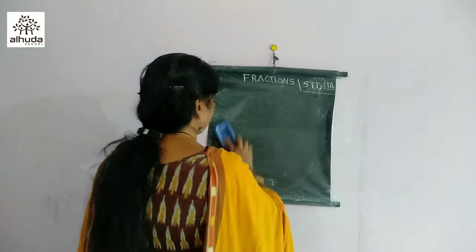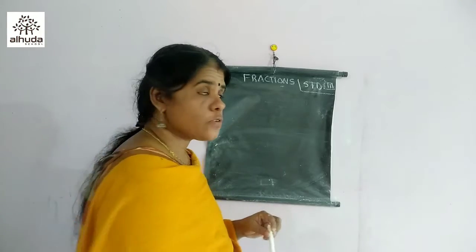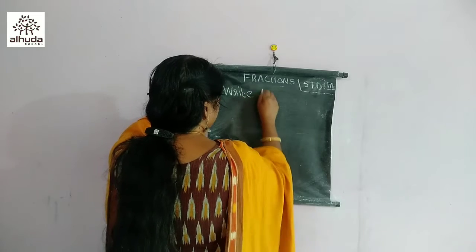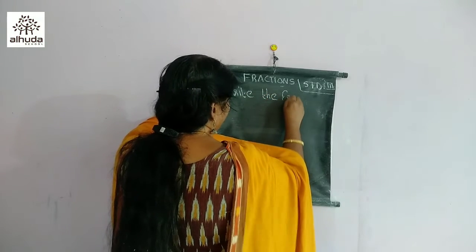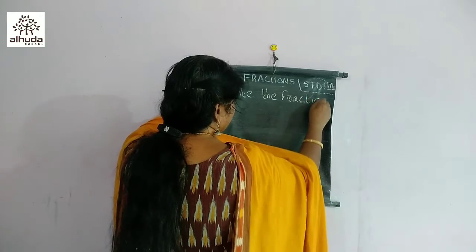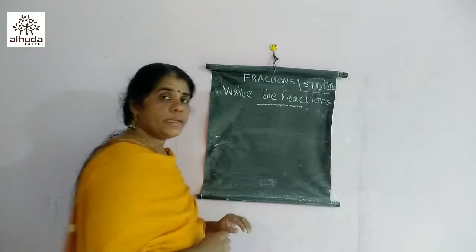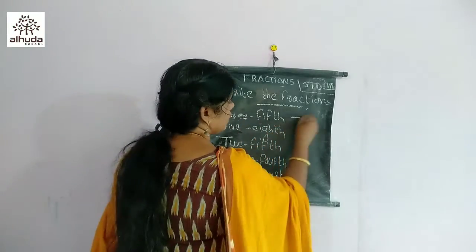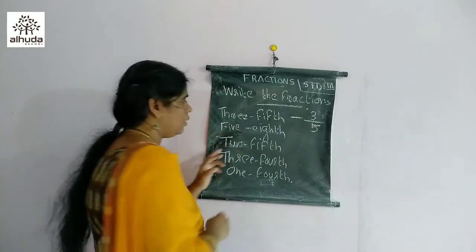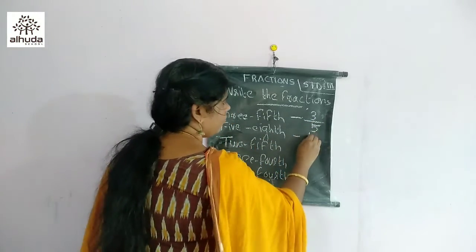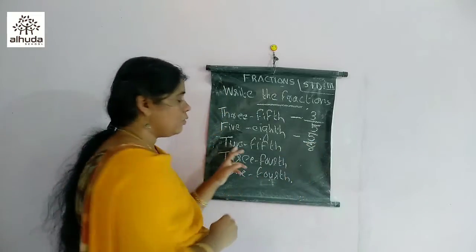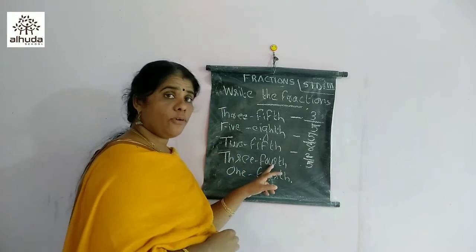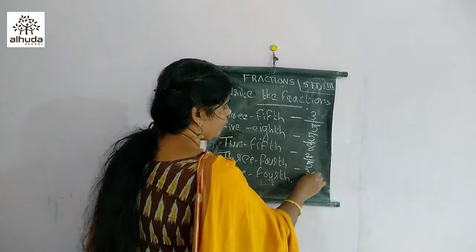Next, write the fractions for the following. 3/5, that is 3/5. 5/8, that is 5/8. 2/5, that is 2/5. 3/4, that is 3/4.